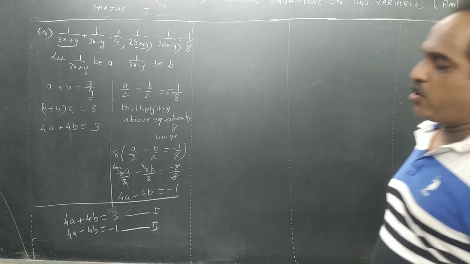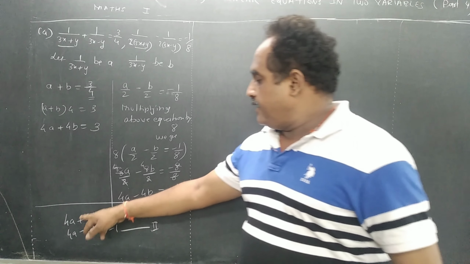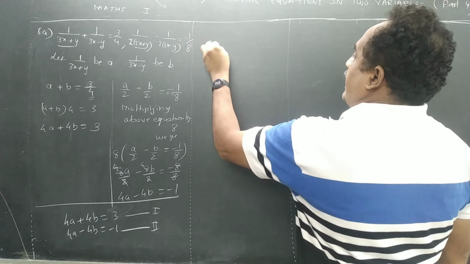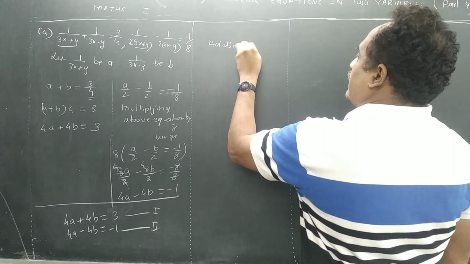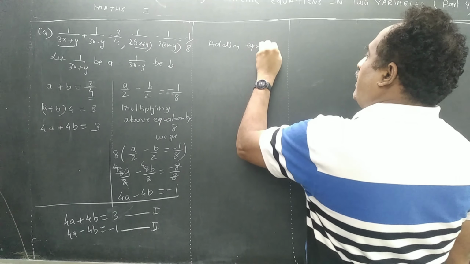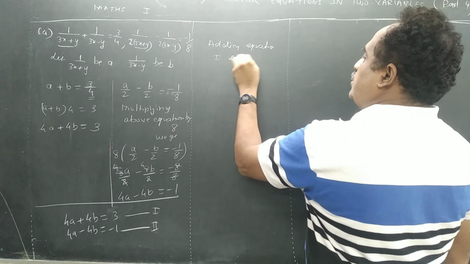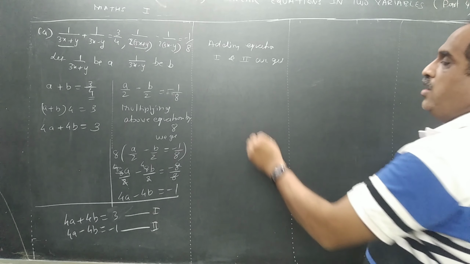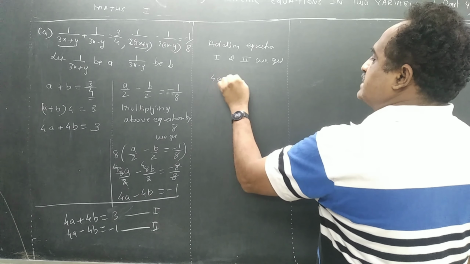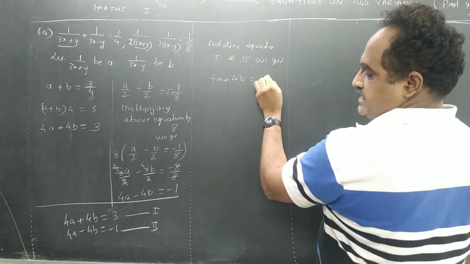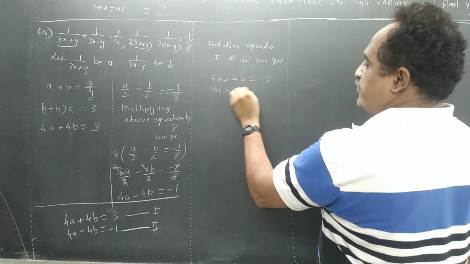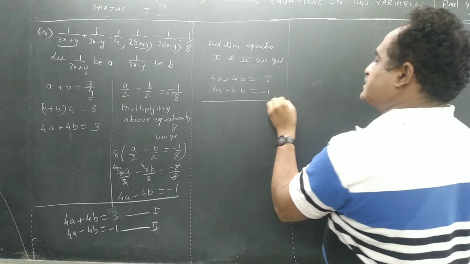In this case, the coefficient of B is the same, right? So what am I going to do? Adding equations 1 and 2, we get 4A plus 4B is equal to 3 and 4A minus 4B is equal to minus 1.